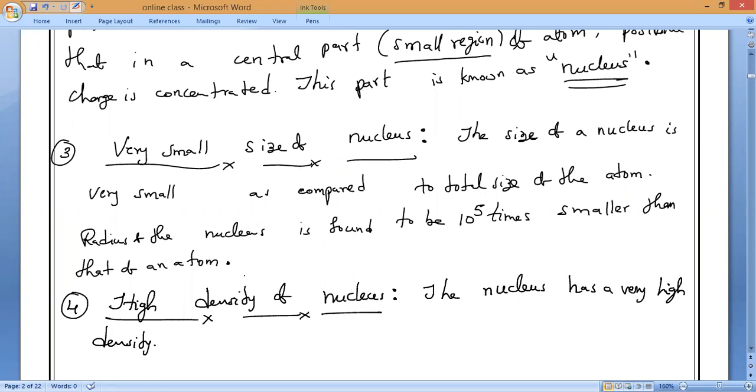Very high density. It was shown by the rebounding. Third property, this is the third observation.